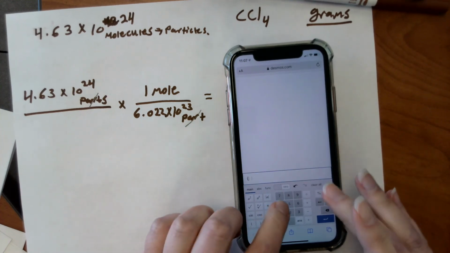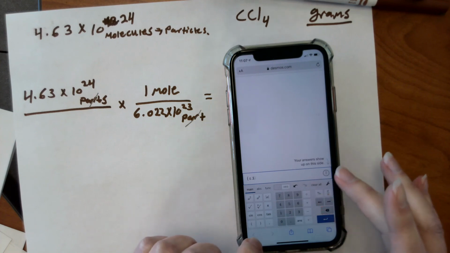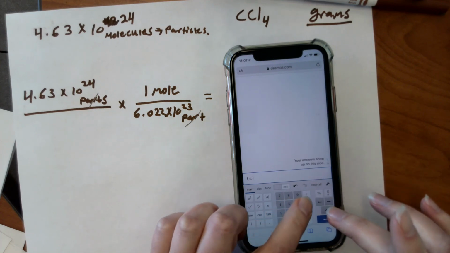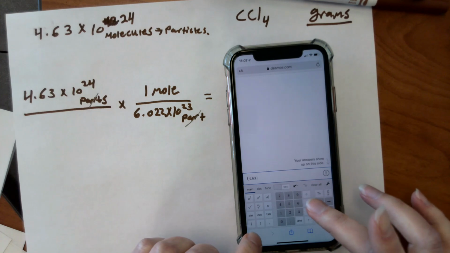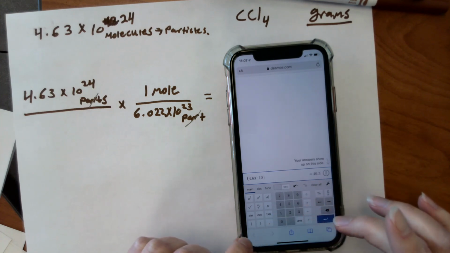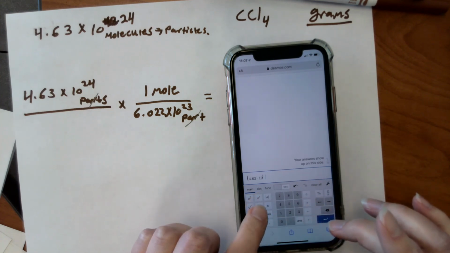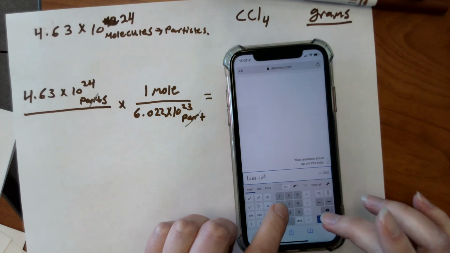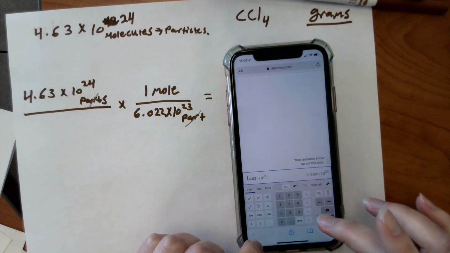So we have 4.63 times 10 to the 24th particles.